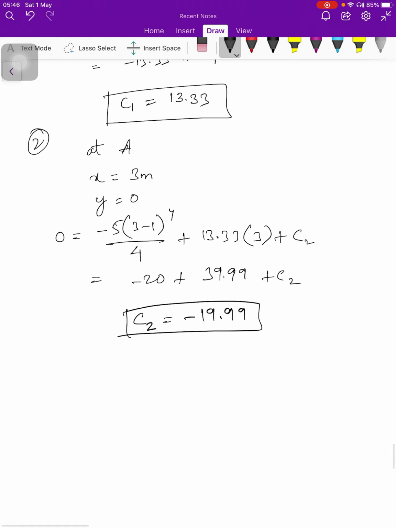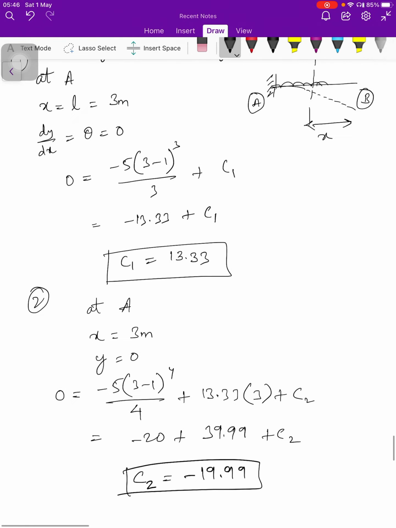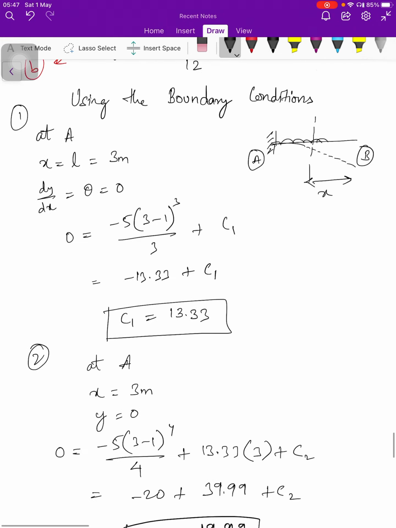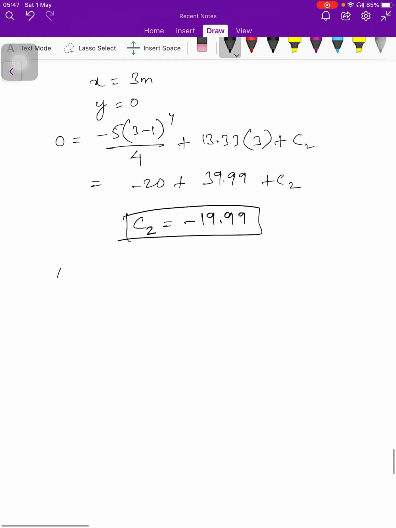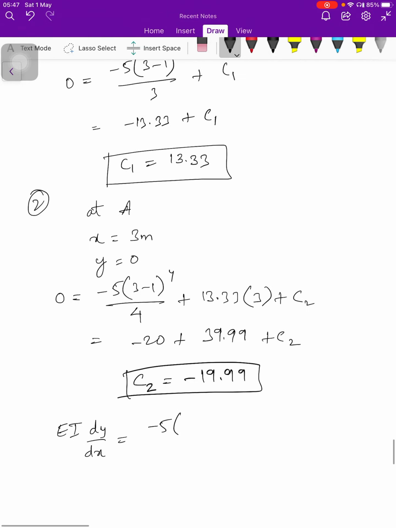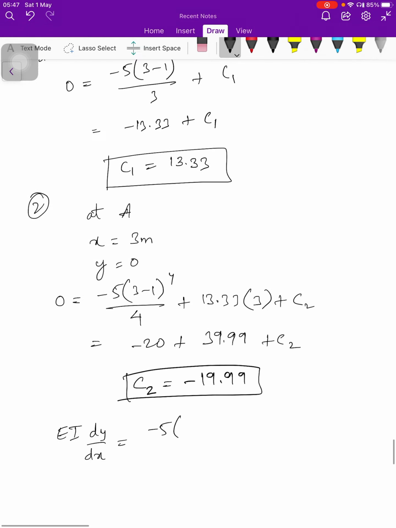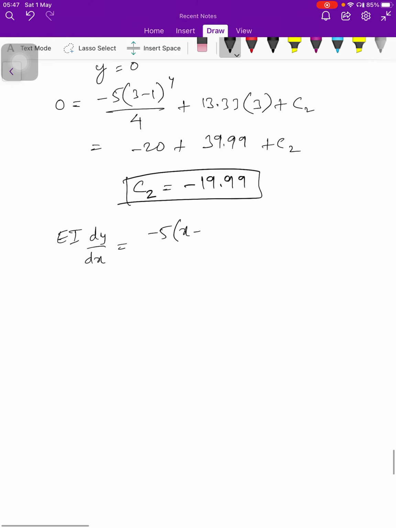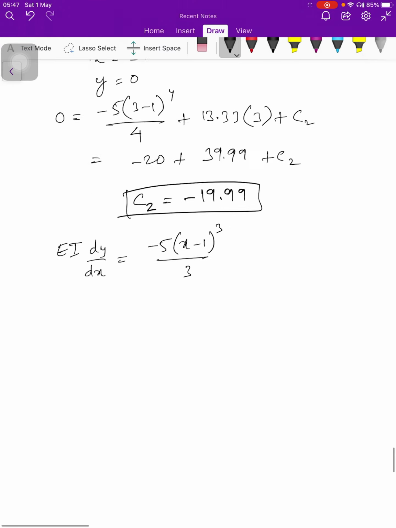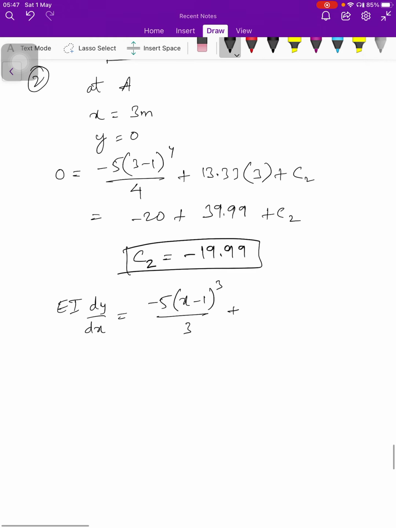Next we'll substitute back in equation number 1 and equations A and B to write the complete equation now. So EI dy by dx is equal to minus 5 into (x minus 1) whole cube by 3 plus C1.